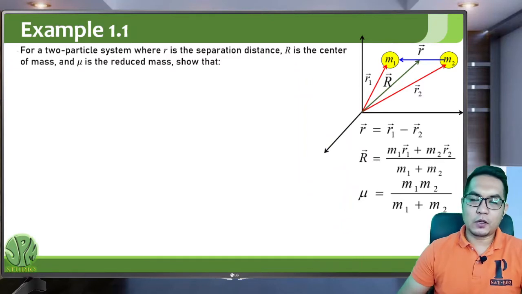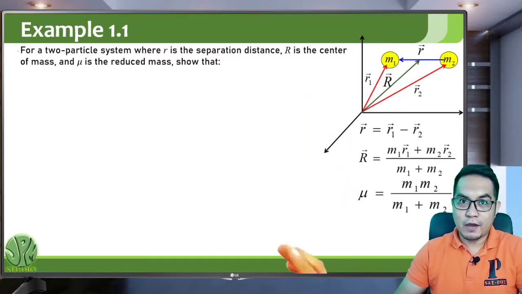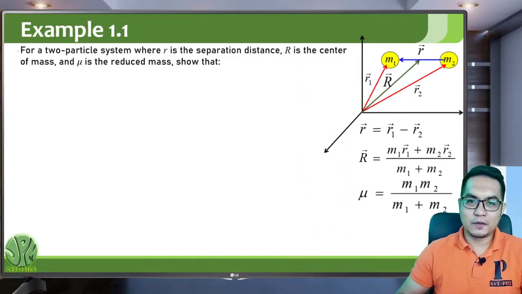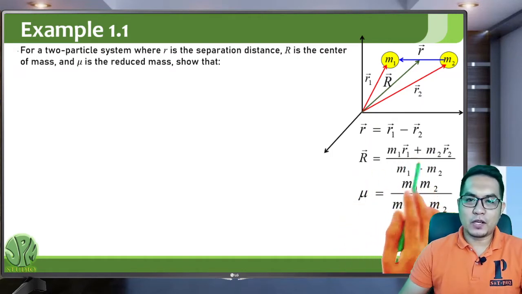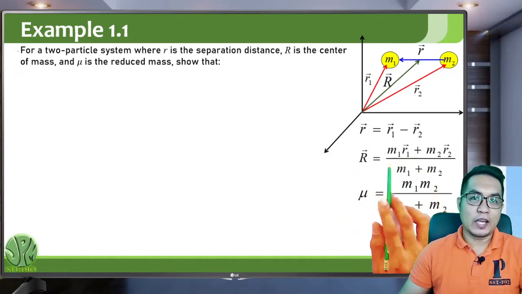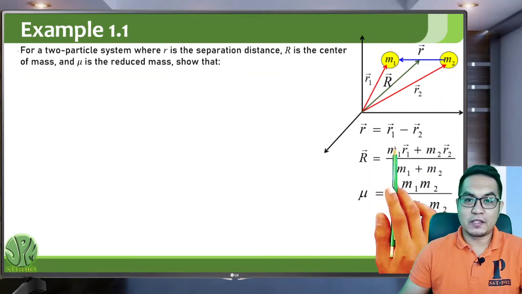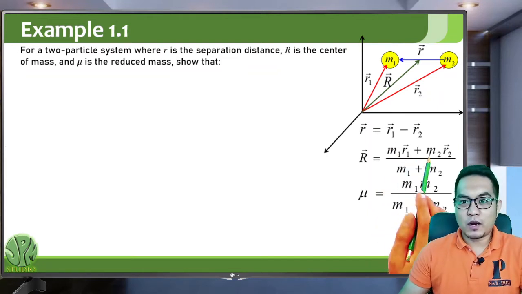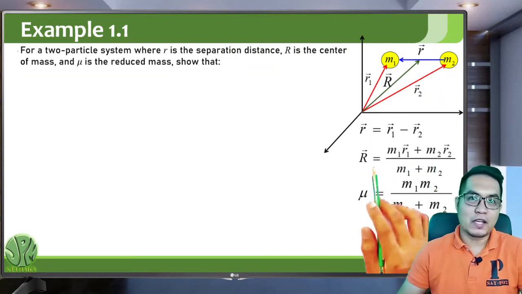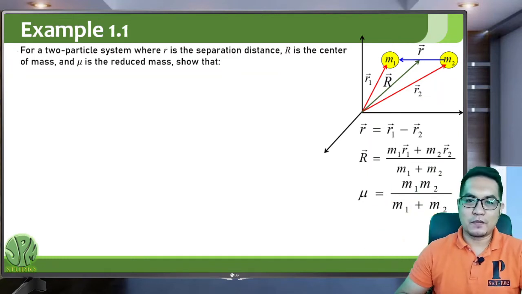If you will recall, center of mass is just the summation of mR over the total mass. So you have m1r1 plus m2r2 over m1 plus m2, since we only have 2 particles. If you have 3 particles, then this will be m1r1 plus m2r2 plus m3r3 over the total mass, which is m1 plus m2 plus m3.